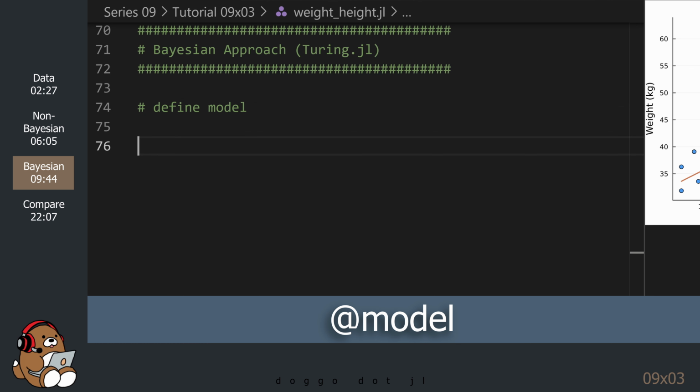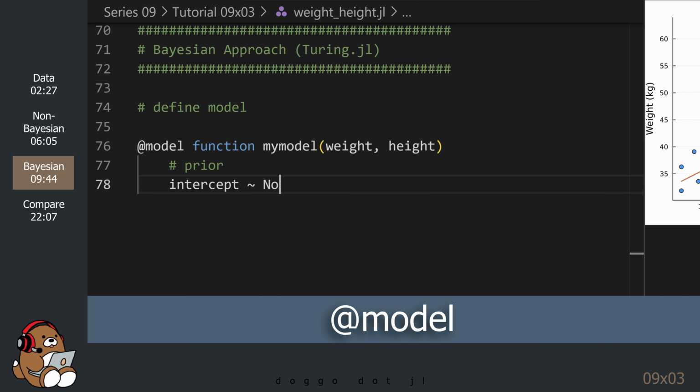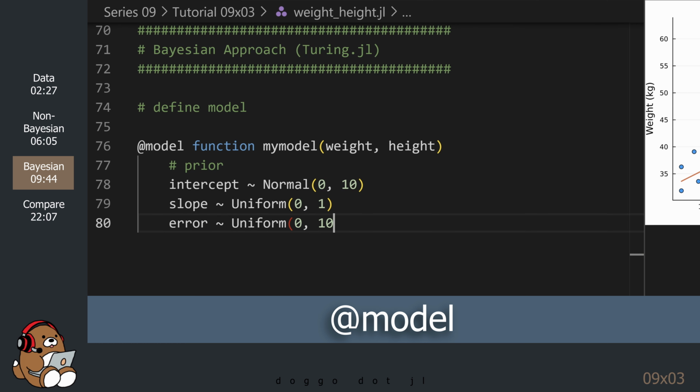The first thing we need to do for this Bayesian approach is to define our model using the @model macro. For this model, we need prior beliefs for three parameters: the y-intercept of the line, the slope of the line, and a variable for some unknown error.